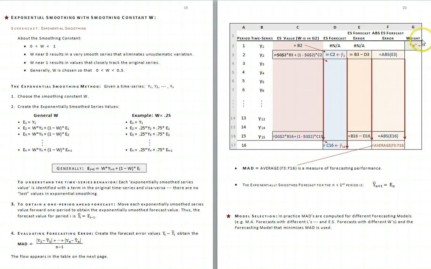Note that the worksheet has a designated cell away from the body of the table in which to place the weight factor. We have chosen the cell G2. Subsequent reference to this weight factor will be made with fixed cell references. That is, putting a dollar sign in front of the G and a dollar sign in front of the 2, so that when we drag a formula, the G2 will not change.